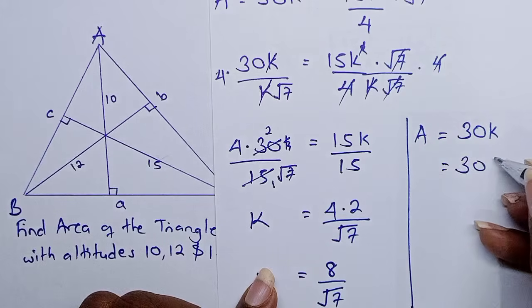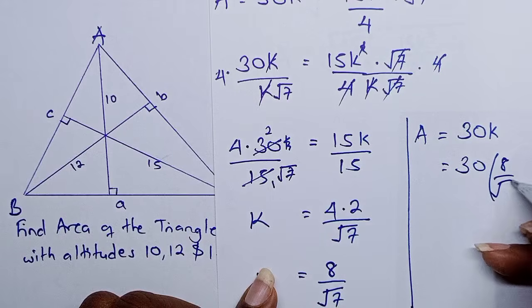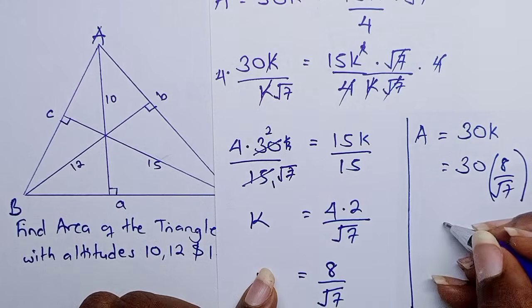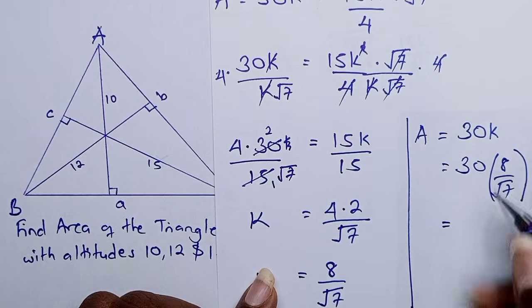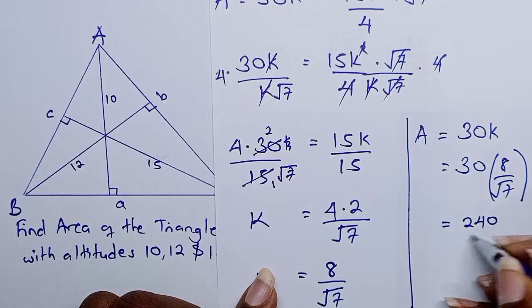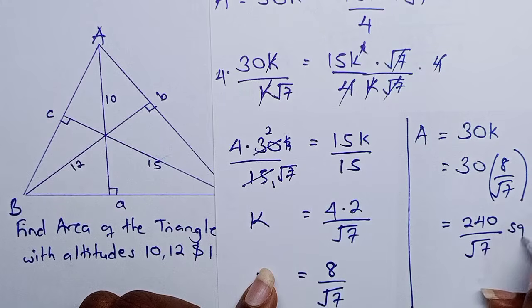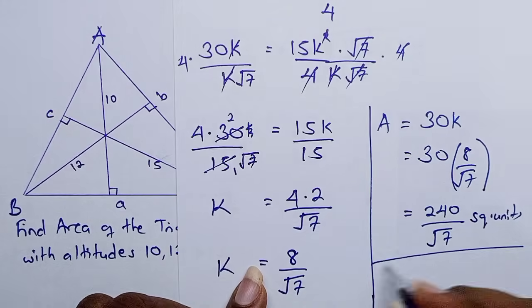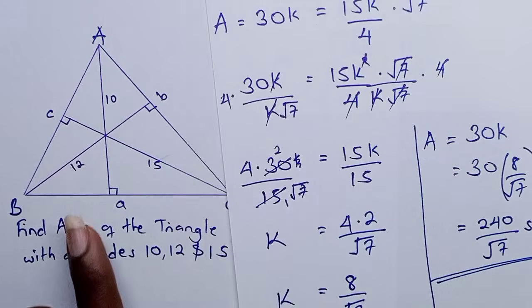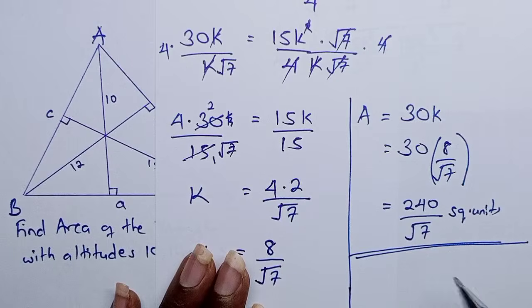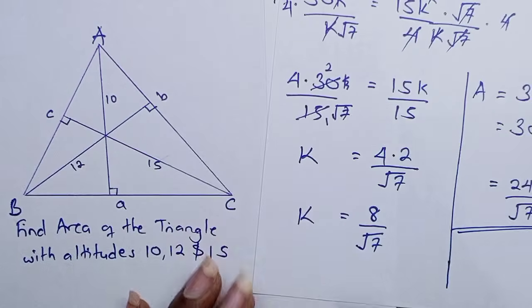So this would be equal to 30 into 8 over root 7, which would be 30 times 8 is 240. So this is 240 over root 7. This is in square units. So this is the area of this triangle. It's 240 over root 7 square units.